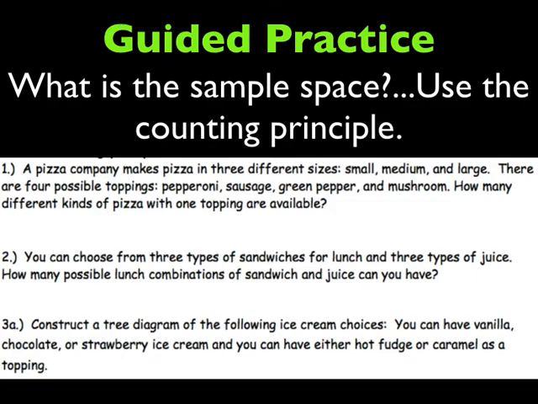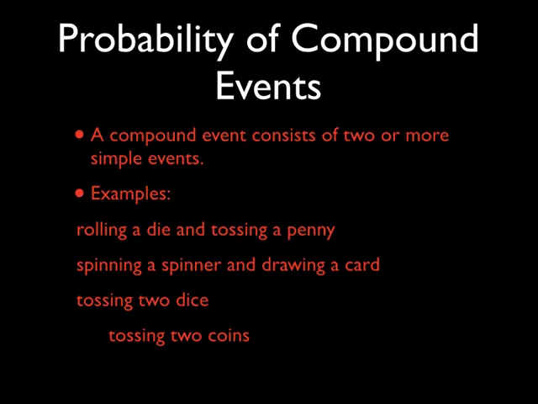So now let's have this example. Probability of compound events. A compound event consists of 2 or more simple events. Examples are rolling a die at the same time tossing a penny, or spinning a spinner and at the same time drawing a card, or tossing 2 dice and at the same time tossing 2 coins.